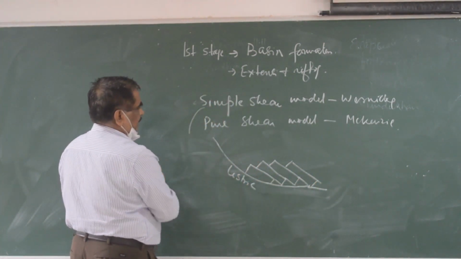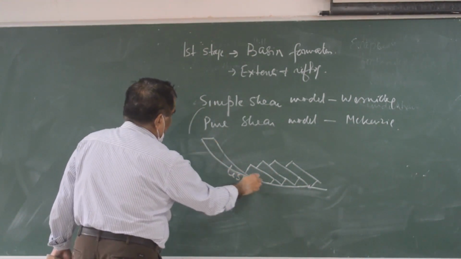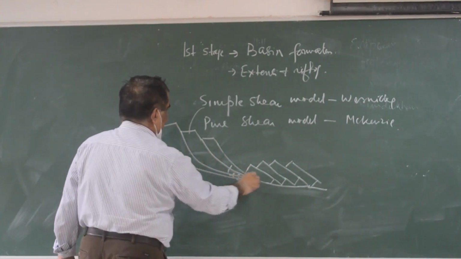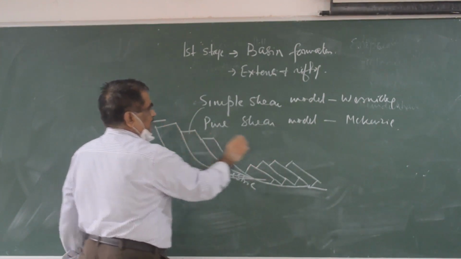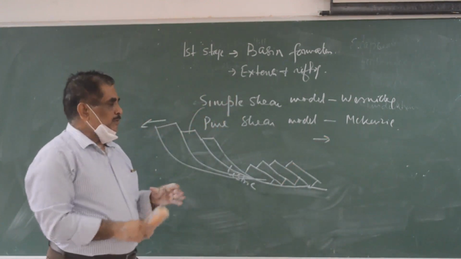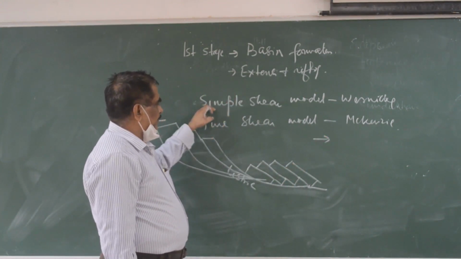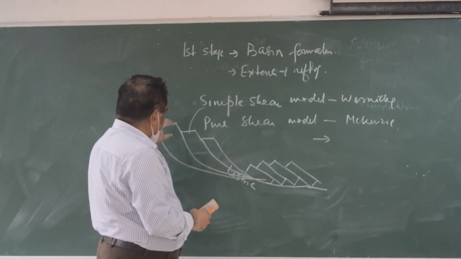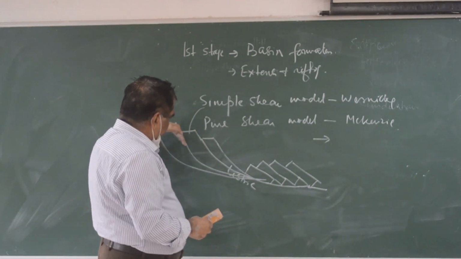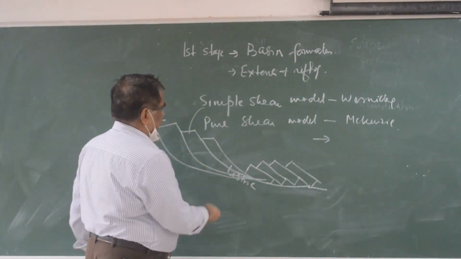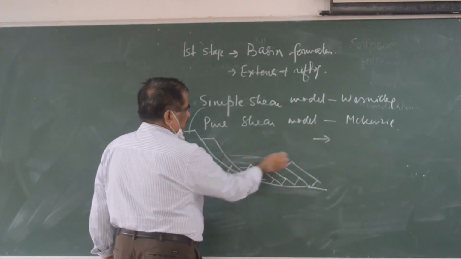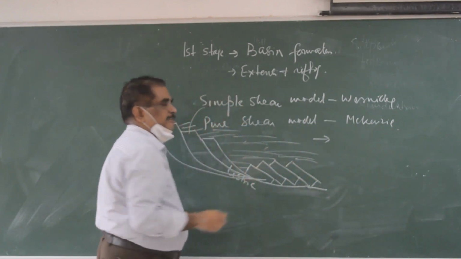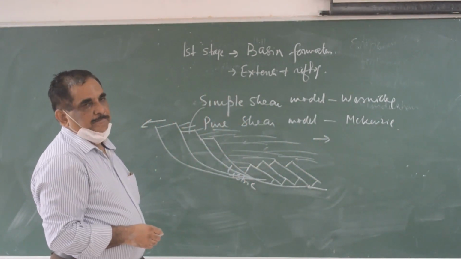Then subsequently one more listric fault develops. Like this, the basin expands. So the basic thing which underlies the simple shear model is a listric fault, and the faulted blocks rotate and go down, forming this basin. So sediments are deposited inside this. Like this. So this is the simple shear model.